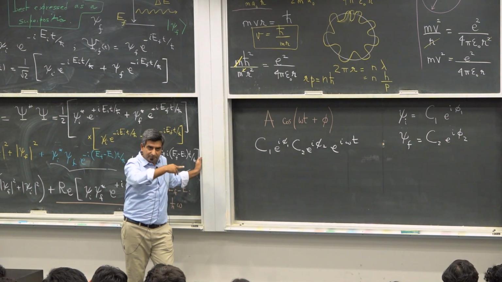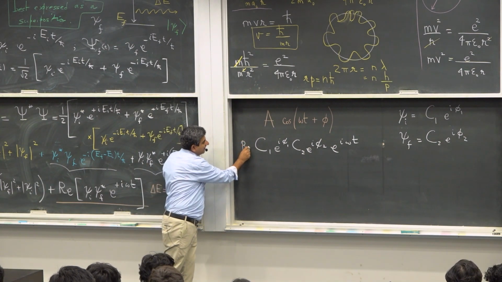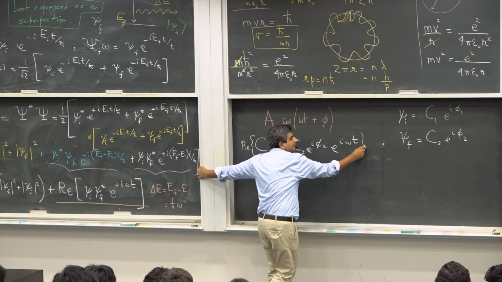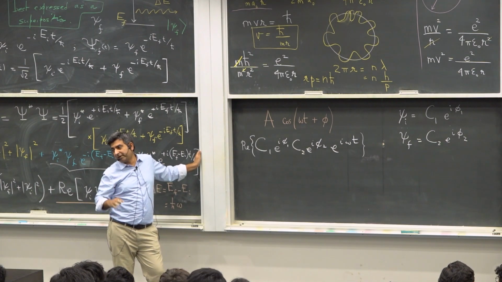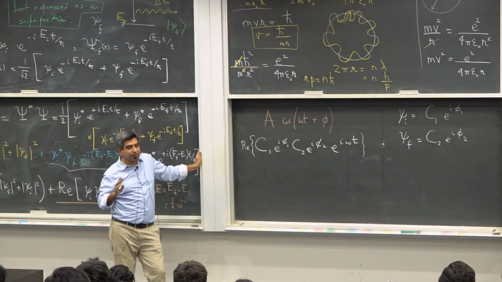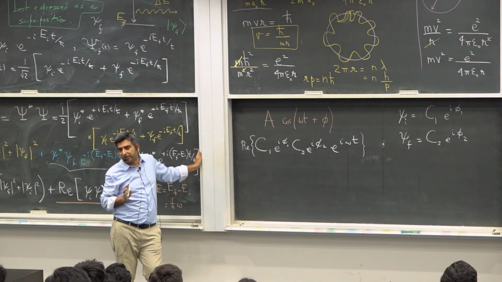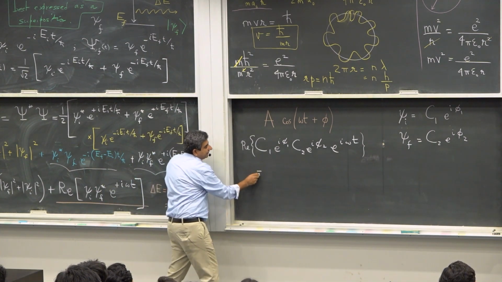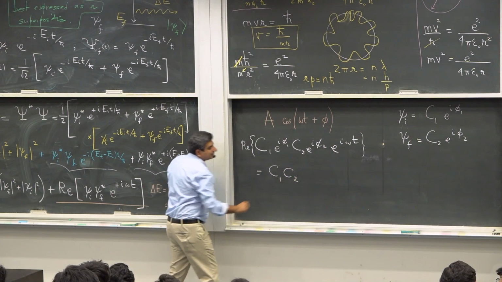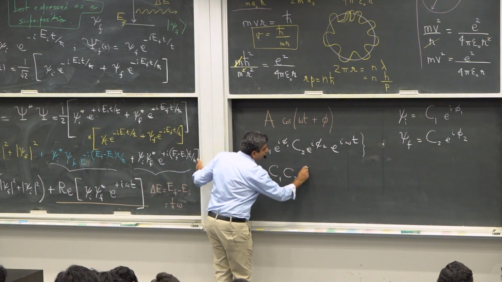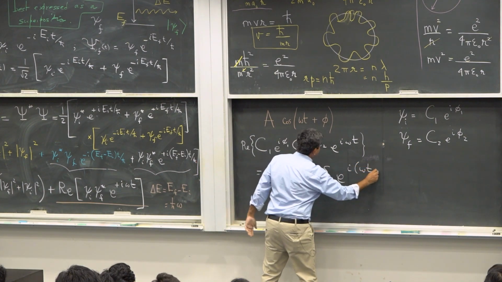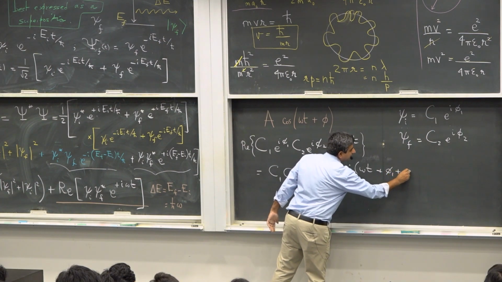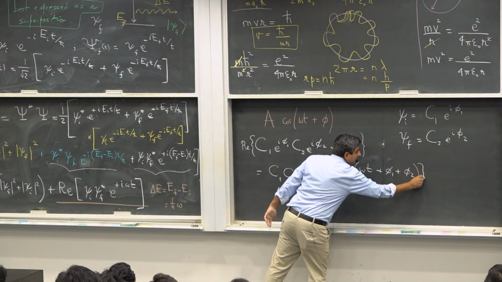I want to take the real part of this. C1 and C2 I've defined to be real, and I've put all the complexity in the phase factors phi 1 and phi 2. So C1 and C2 are real, and I want to find the real part of e^{i(omega t plus phi 1 plus phi 2)}, correct?